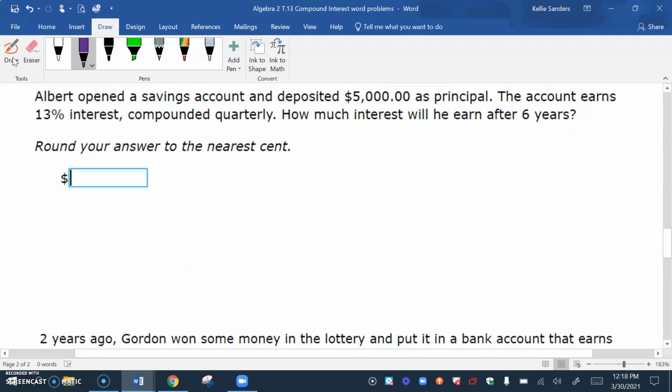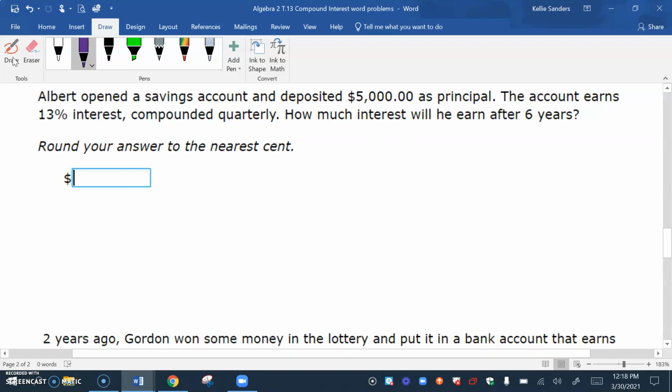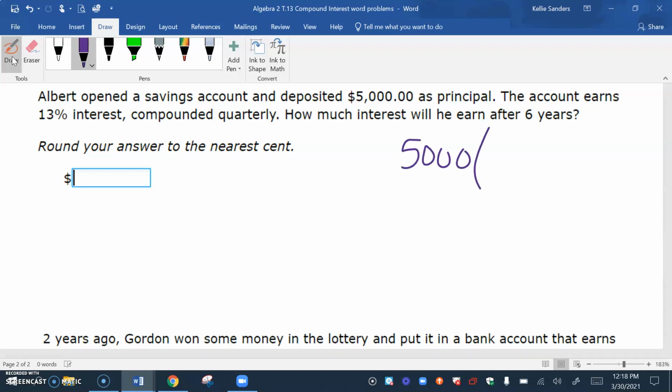Albert opened a savings account and deposited $5,000. The account earns 13%, so 1 plus 0.13, compounded quarterly. Quarterly means it's 4 times a year.